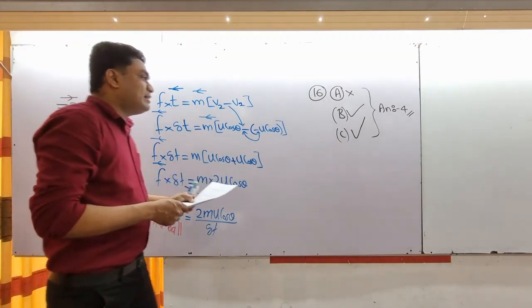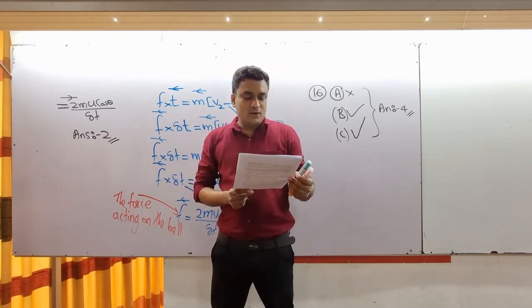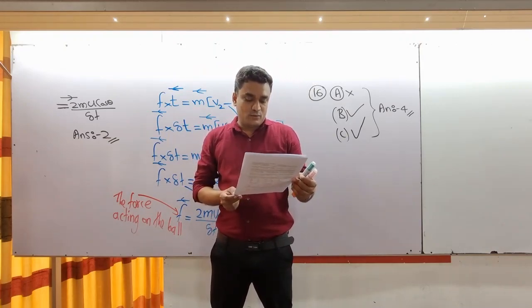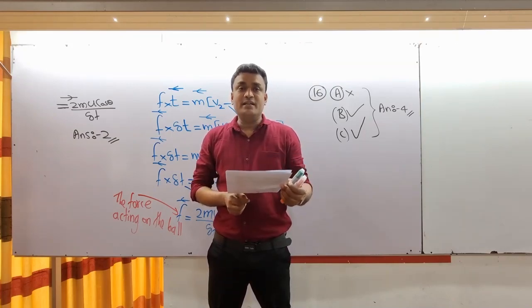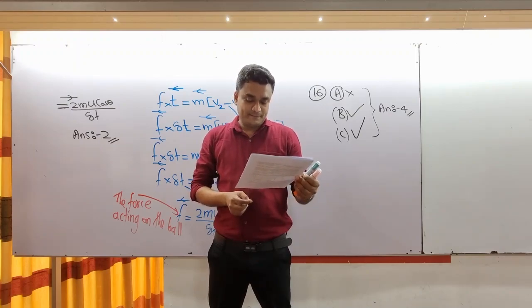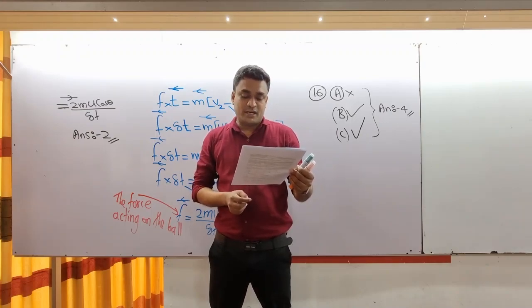Question number 17. The velocity time graph of an object moving on a straight line is given in the following figure. Its displacement during OA and AB intervals are S1 and S2 respectively.